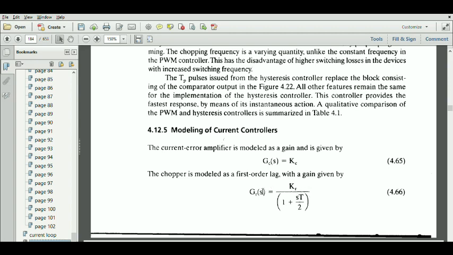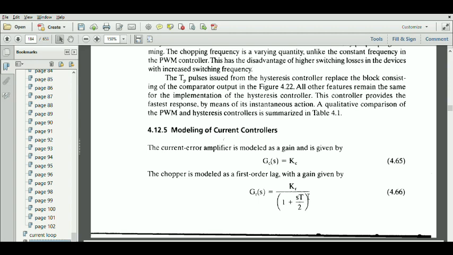You can see here GR of s is equal to KR divided by 1 plus sT by 2, where T is the chopping time. If you increase the chopping frequency, then the chopping time duration will be reduced.